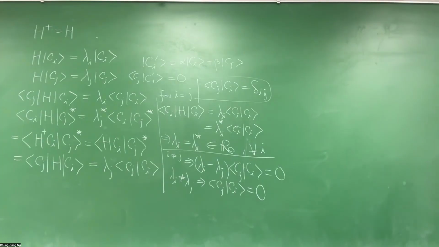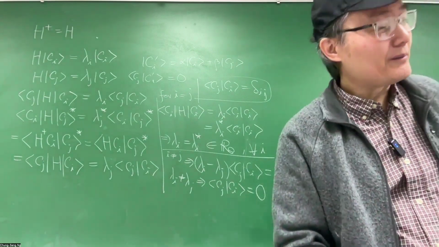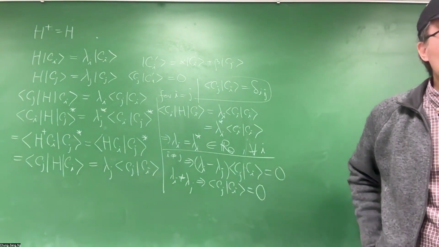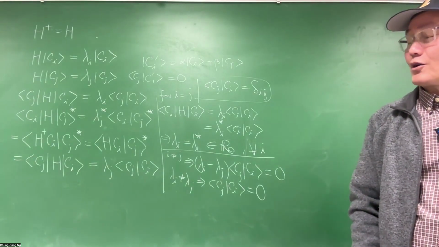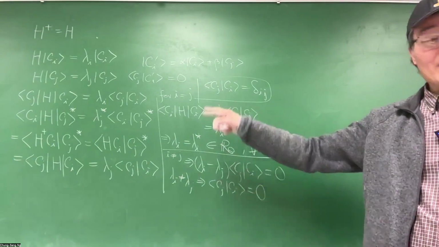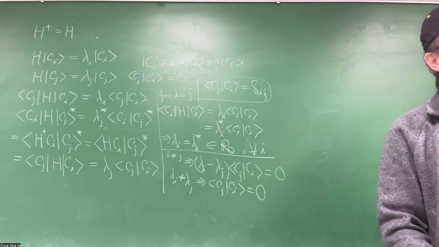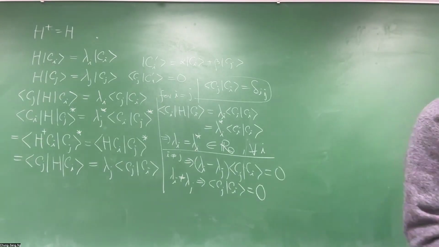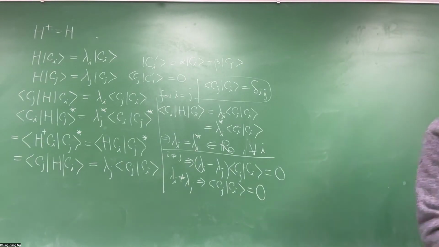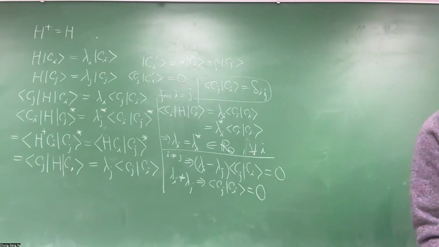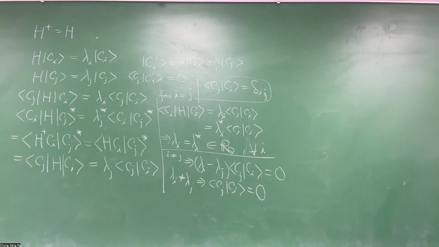That's a property of Hermitian operators, and that makes many problems easy to solve. It's also physical because all the eigenvalues correspond to the outcomes you get from a real measurement in physics. Even in measuring a quantum system, you want to get a real outcome, so all the eigenvalues must be real.